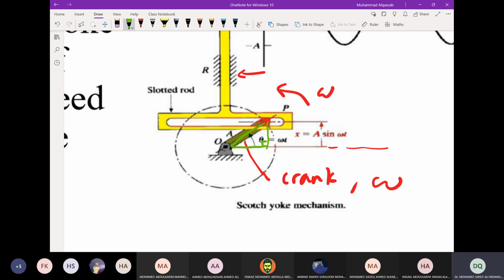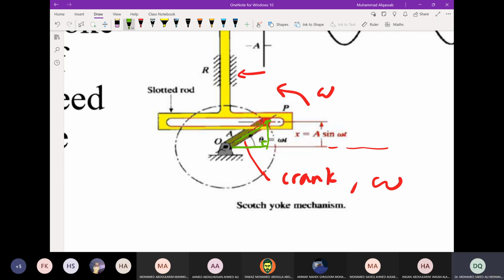This is 90 degrees. Then you can find the height. The crank has a length of A. This is the length of the crank, from point O to point P. So you can find the vertical, which is called here x, equal to A sine omega t.